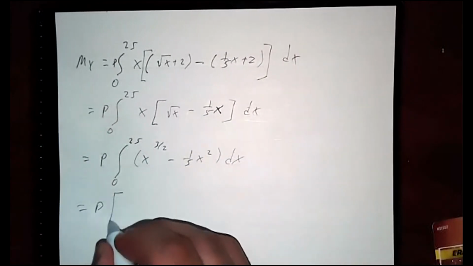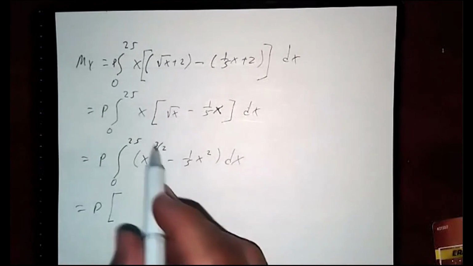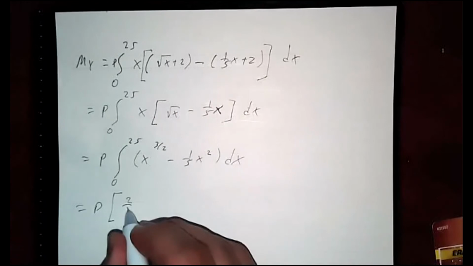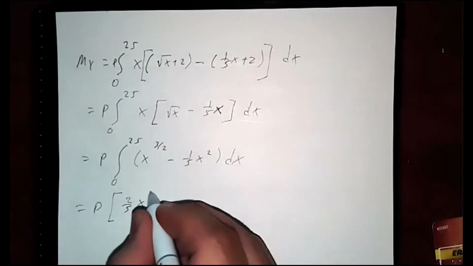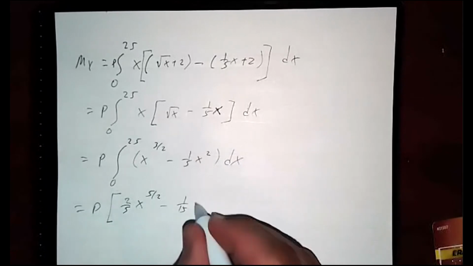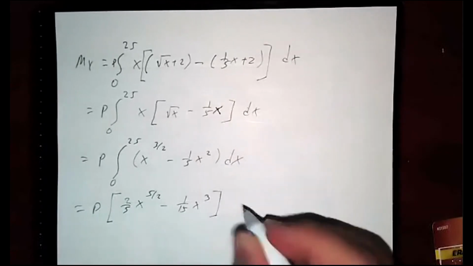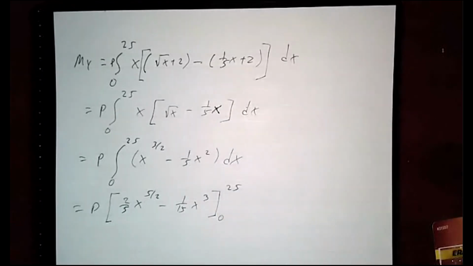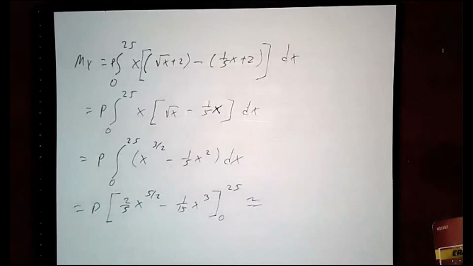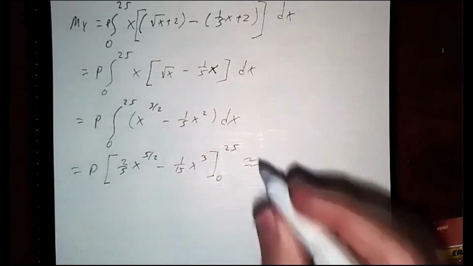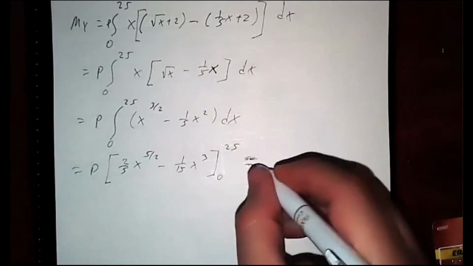That integral will be, add 1, that'll be 2/5 x to the 5/2 minus 1 over 15 x cubed from 0 to 25. So that will be approximately something. That's fine, we'll do it.